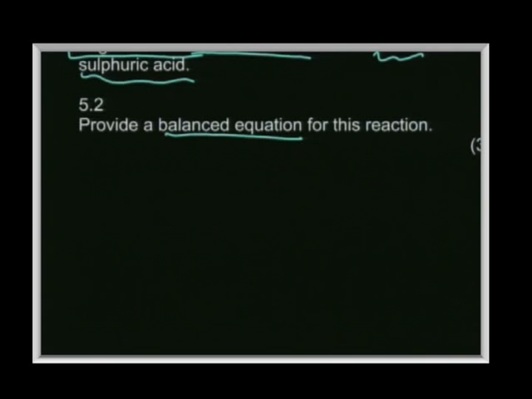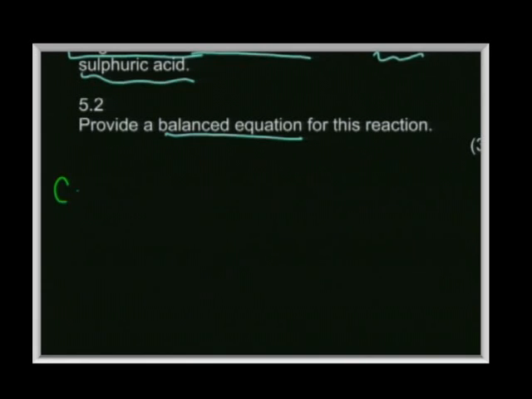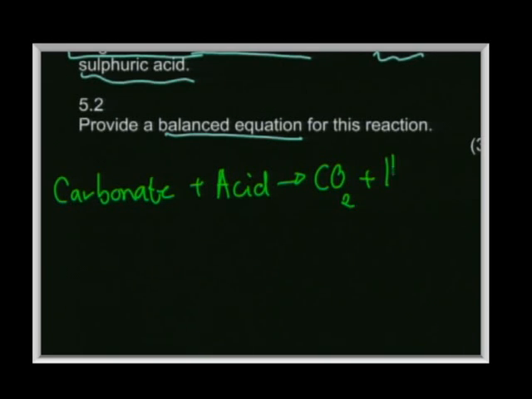So they ask us to provide a balanced equation for the reaction. Now there's a simple rule that I want you all to remember, and I'm going to put it in a different color because it's not part of your answer. When I have a carbonate, any carbonate that reacts with any type of acid, it will always form carbon dioxide gas, it will form water, and it is going to form a salt.